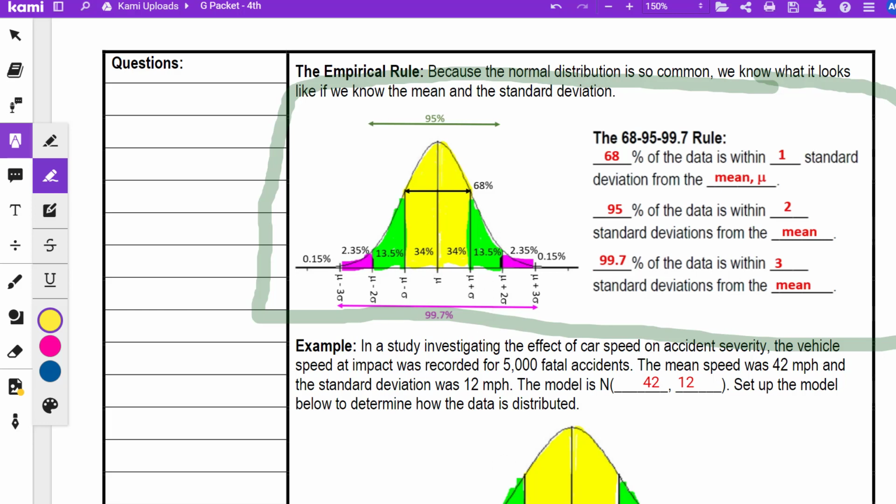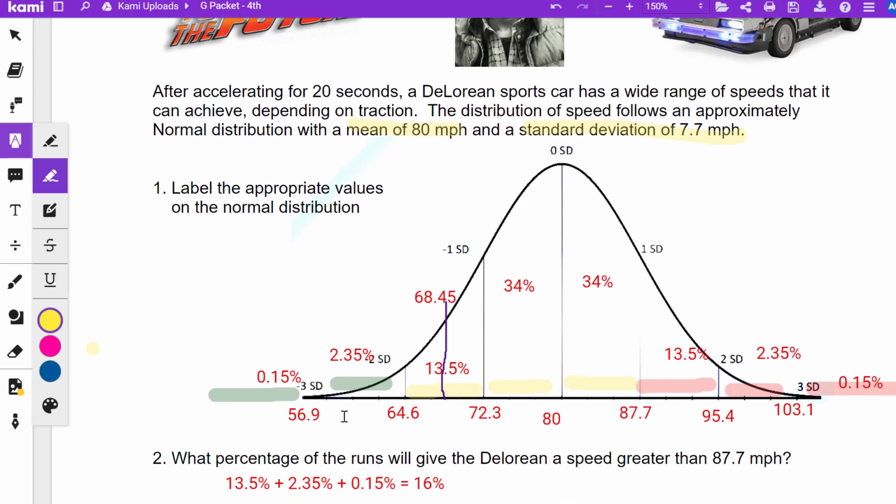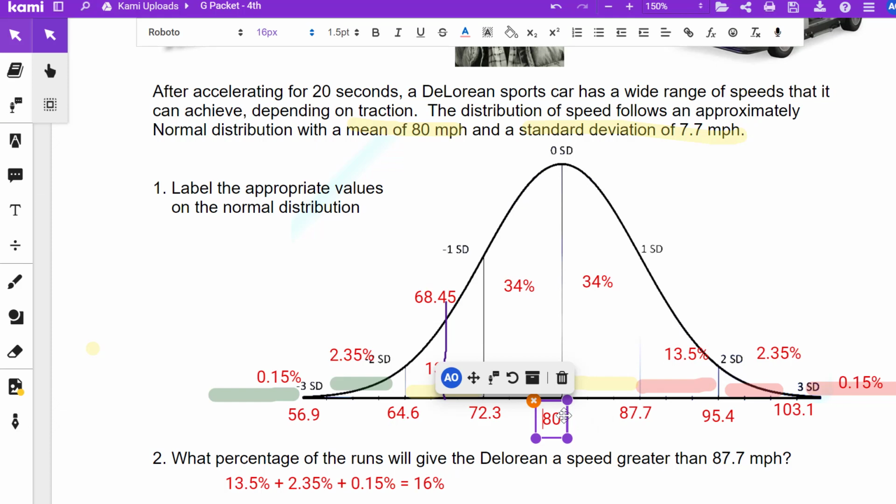And if I go back to it, what is the page, 23 or 21, somewhere around there? There we go. So I label it, and it looks something like this. So there's my different values. The mean, I could probably center that better, is right there. And then I have 87.7. I keep adding the 7.7 to go up in values. So this is really just reviewing the empirical rule.